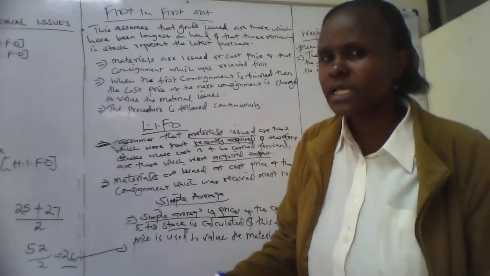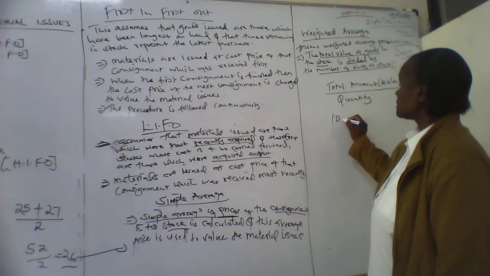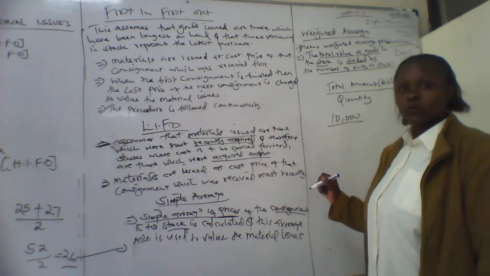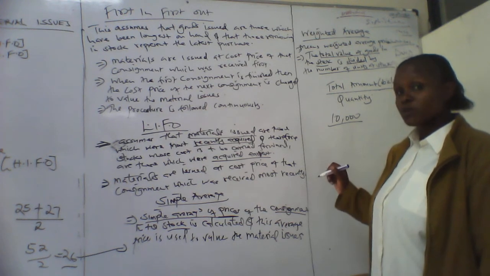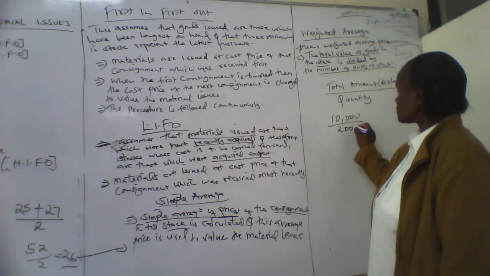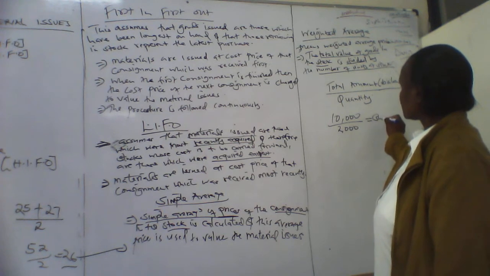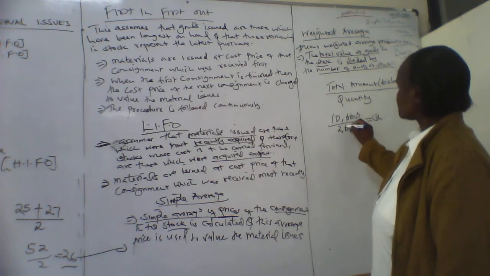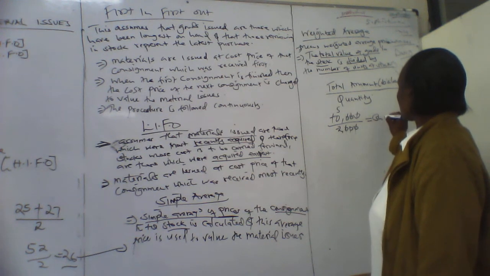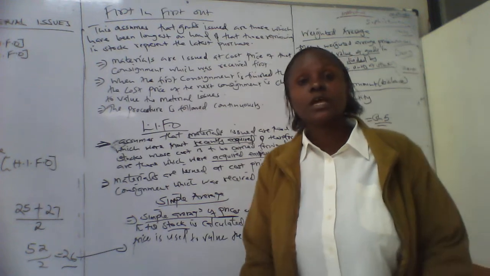For example, let's say the total value of the goods in the store is 10,000. Then the quantity of the goods in the store, let's say, is 2,000. Then we divide now. So each material you are going to sell at 5 shillings. That's how you get the weighted average.